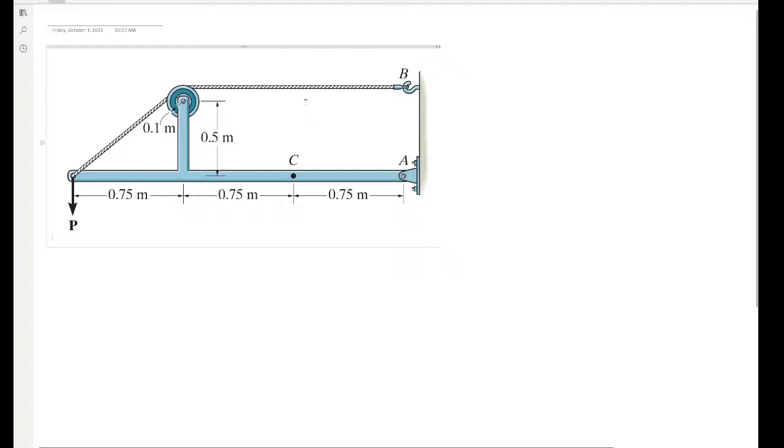I'm going to slice it up again later. Okay, first I have to find the reactions against the fixed structure. That fixed structure is the wall. At this point, if I want to be completely legitimate in so far as what they do in the book, here's what I would do.